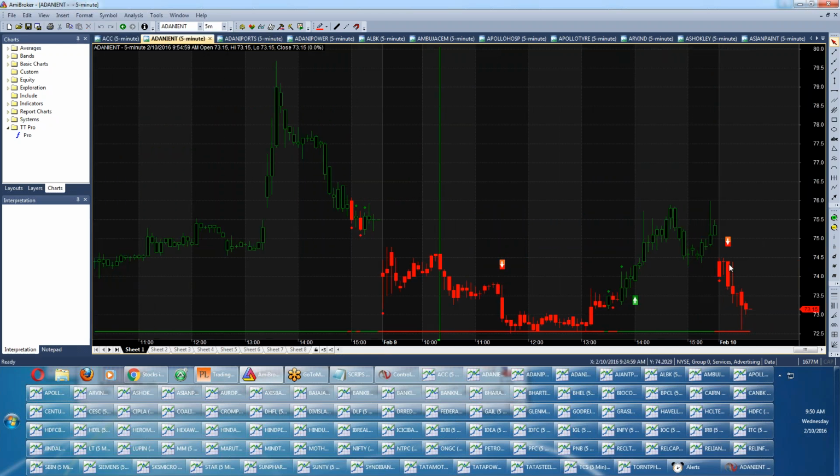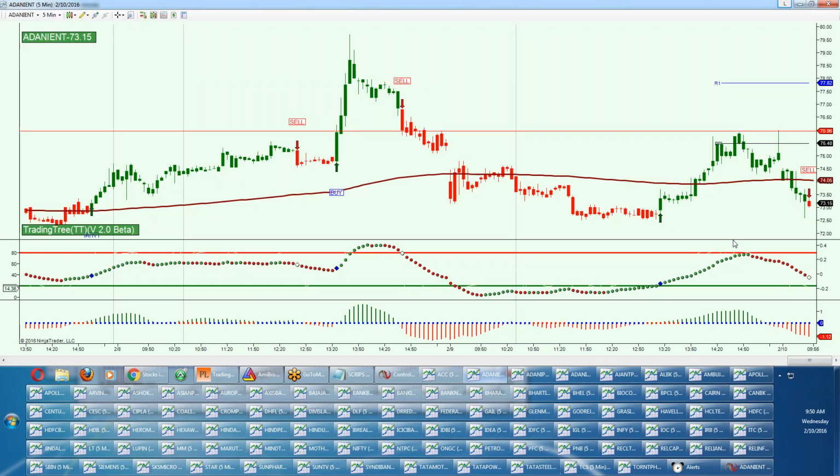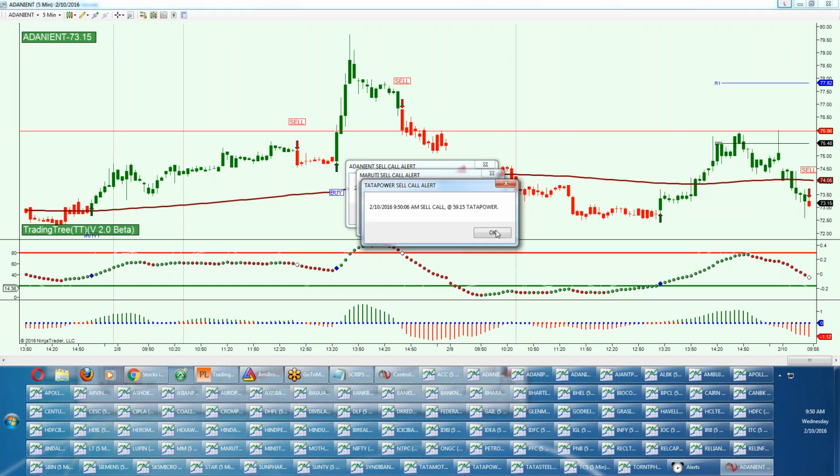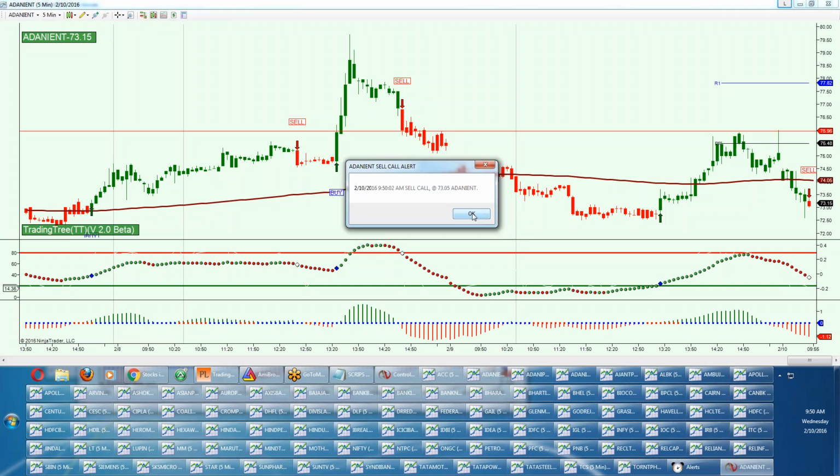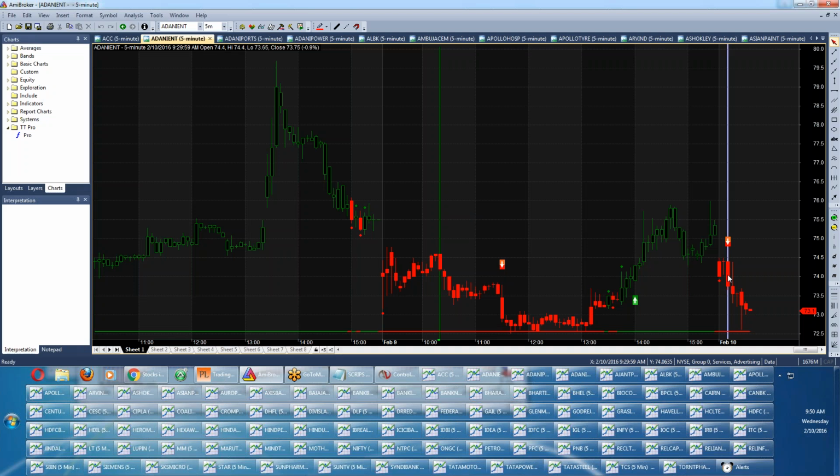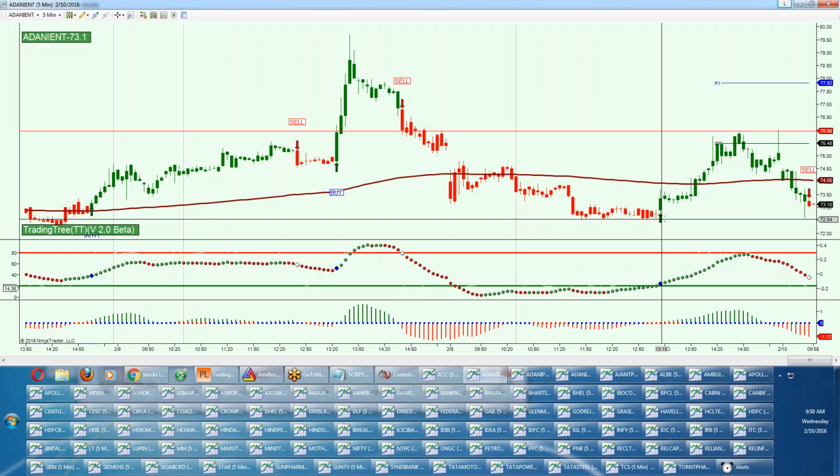So here you have the confirmation in Adani Enterprises. You can just compare this with your chart here. We have got Tata Power, Maruti and Adani Enterprises. We already have it here. So in case you observed it, your entry is here. Now since you have a confirmation in both the charts, you can take the call.